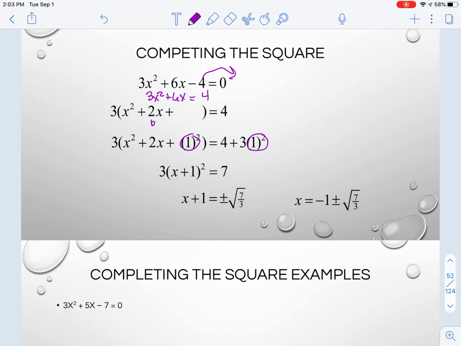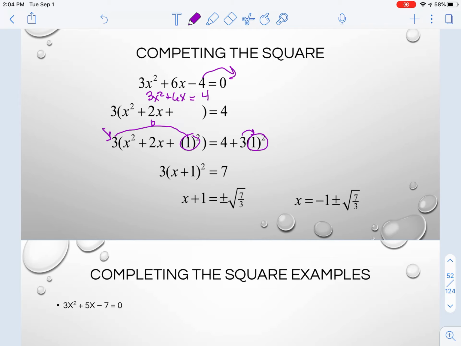But remember I said, since this coefficient is 3 on the left, if I were to distribute that back, that would be a 3 in there, which means I added 3 on the left side, not a 1. That's why I have to multiply, keep that same a value, times whatever you're adding on this side. So you put 1 on both sides, you got to multiply both by 3. Just on the right side there, the left side's already taken care of because your a value is still there, your coefficient's still out front.